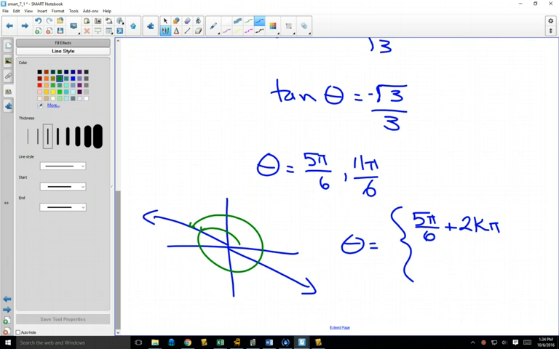So you'll start seeing plus 2k pi instead of 2 pi times k. It means the same thing. If you like putting the k at the end, it's not wrong. But you're going to start seeing me write plus 2k pi. And you would also have 11 pi over 6 plus 2k pi, where k is an integer.